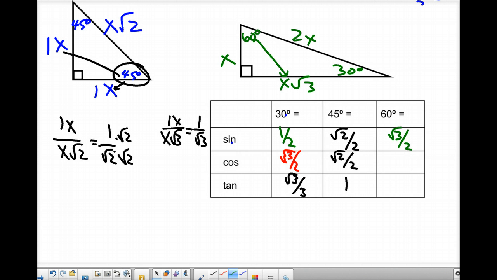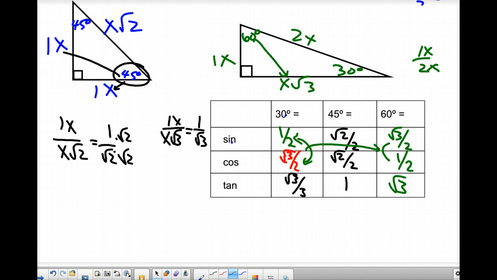Cosine of 60 would be adjacent, which is 1x, over hypotenuse, which is a half. Notice that these two here just flip around. And then tangent would be square root 3 over 1, so square root 3.